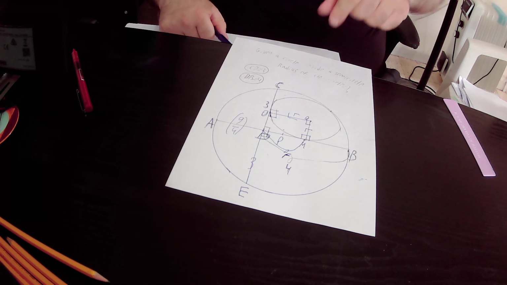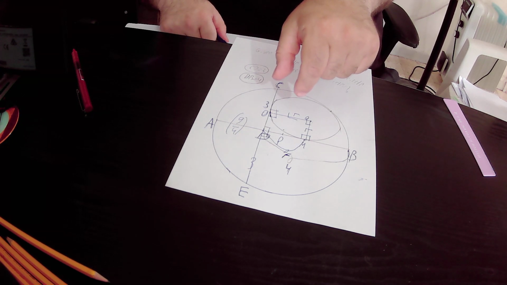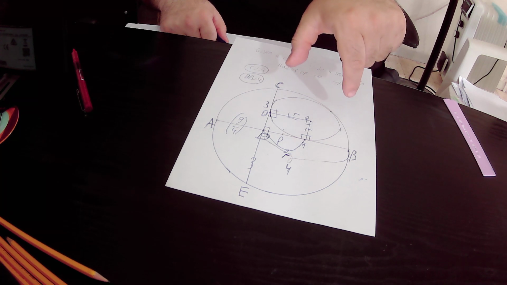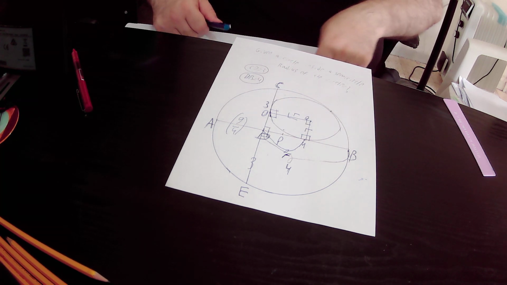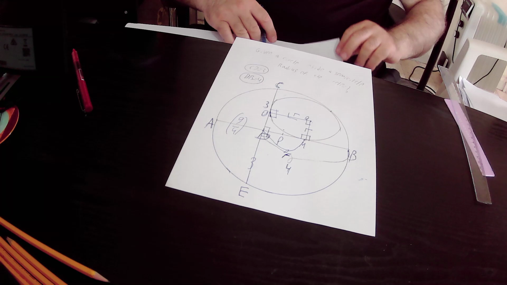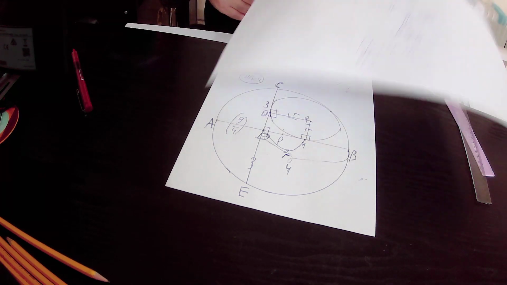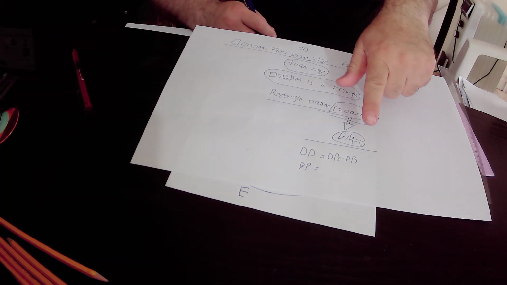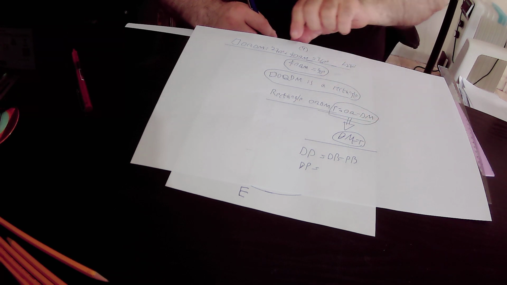I'll repeat again. The length of the short line segment DP equals DB minus PB. Okay, here DP equals DB minus PB.